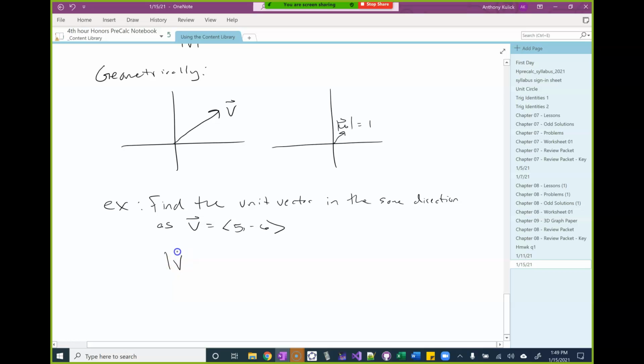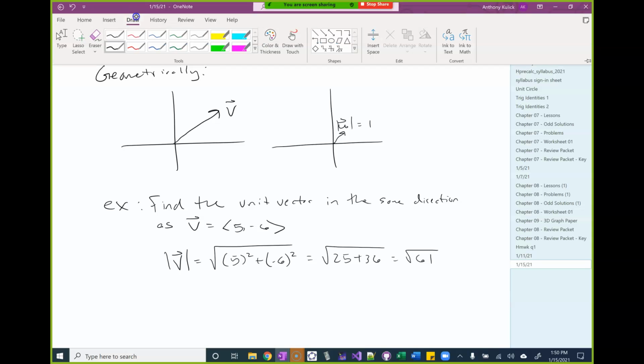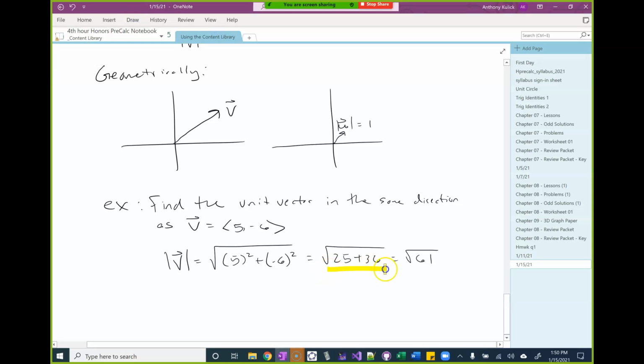I'm going to need the magnitude of v. I want to point out here for just a second that remember the square root of 25 plus 31 is not the same as the square root of 25 plus the square root of 31. Square roots don't distribute across addition symbols, so you can't just turn that into 11.